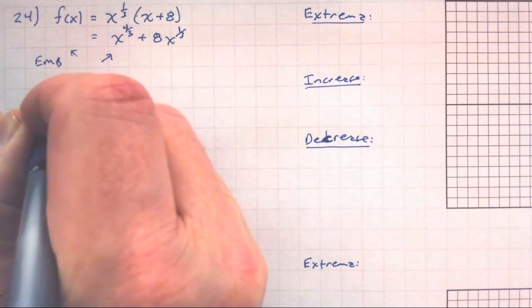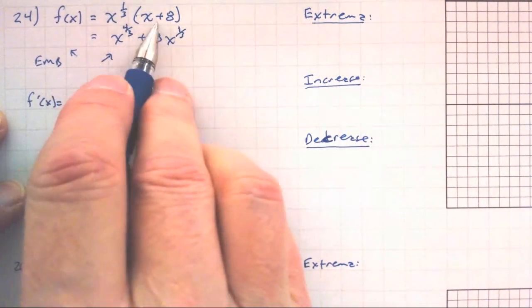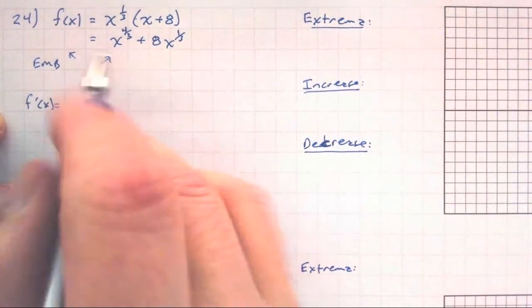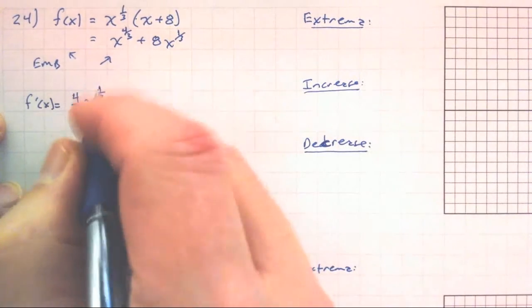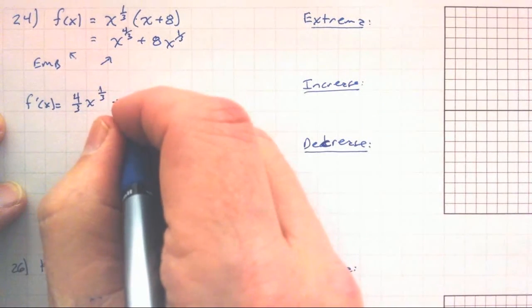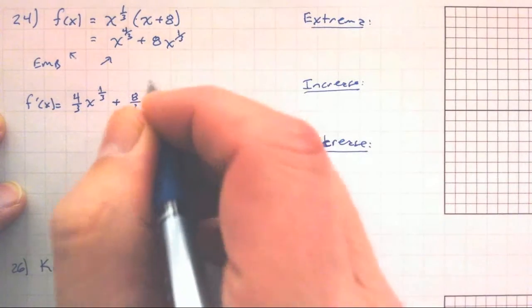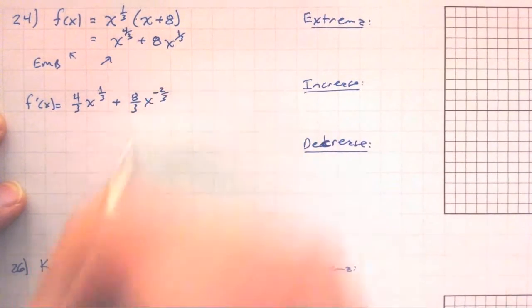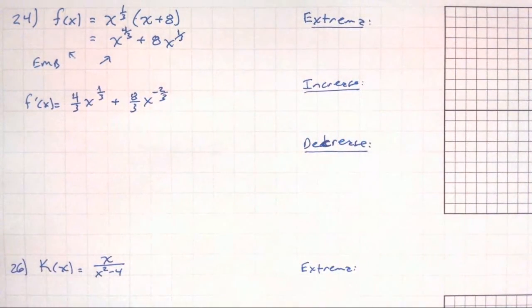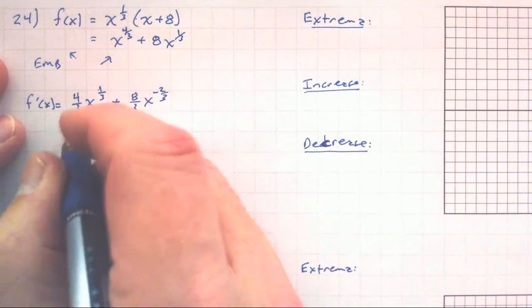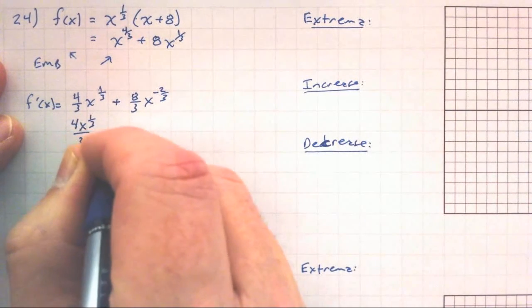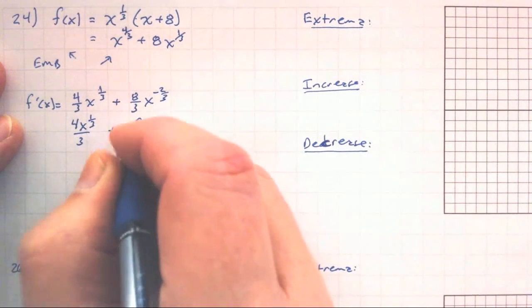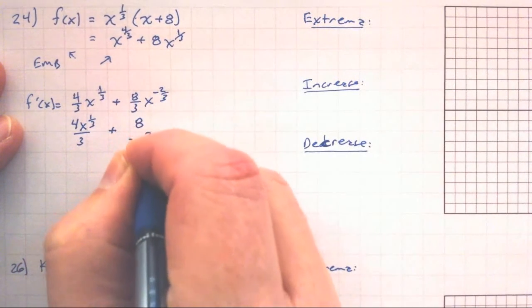f prime of x. You could use the product rule if you wanted to, but I'm going to use this. I get 4/3 x to the 1/3 plus 8/3 x to the negative 2/3, and I want to get common denominators on this, and you might say that's 3, but not quite yet. This is 4x to the 1/3 on 3 plus 8 on 3x to the 2/3.